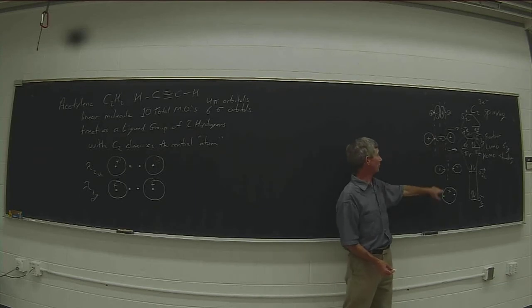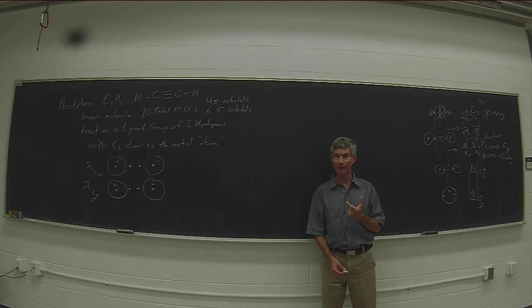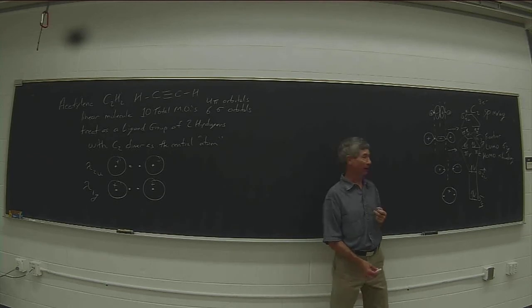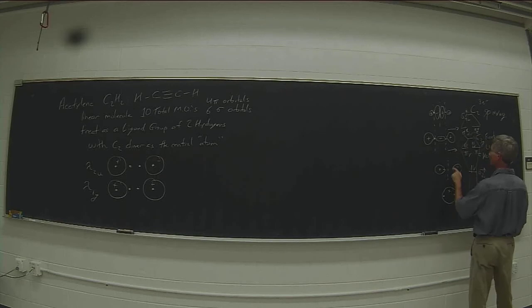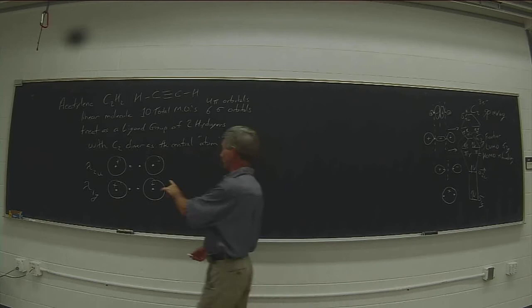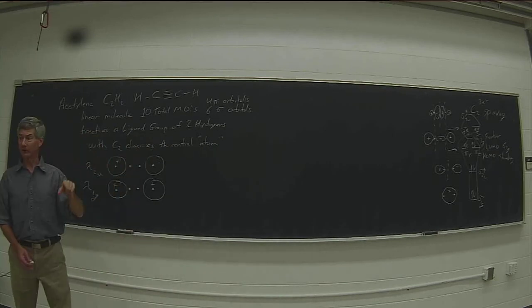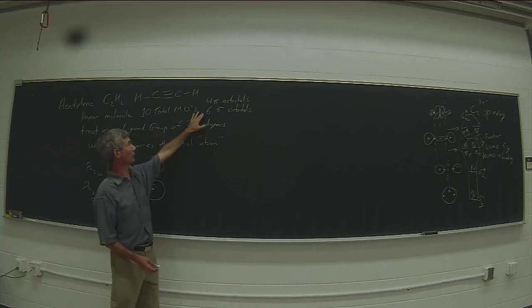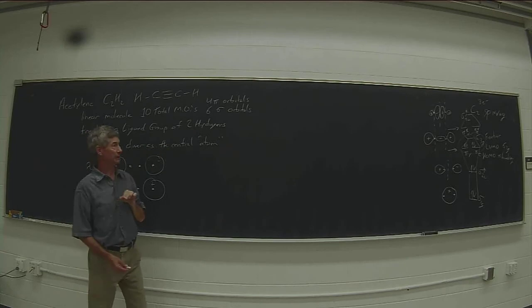Neither of these 2 bonding orbitals has a node between the nuclei, so the electrons can get between the nuclei if they want to. So these are the 4 sigma symmetry orbitals that we're going to have to combine with these 2 ligand groups to create the sigma framework, the 6 sigma orbitals that we have for acetylene.